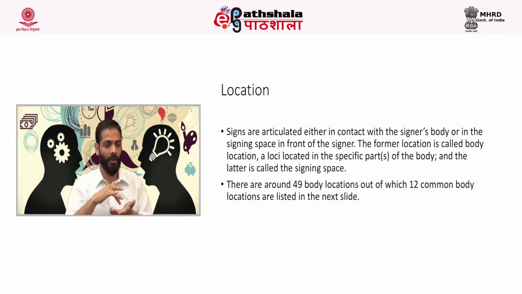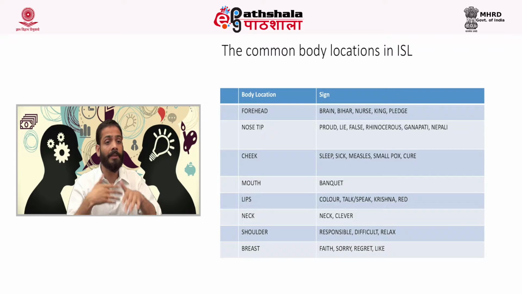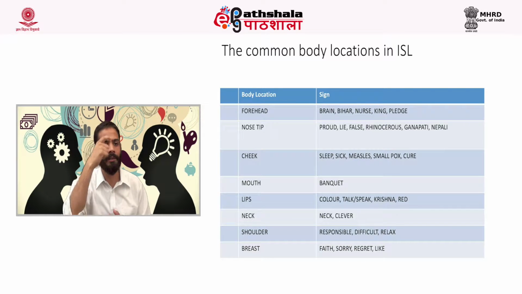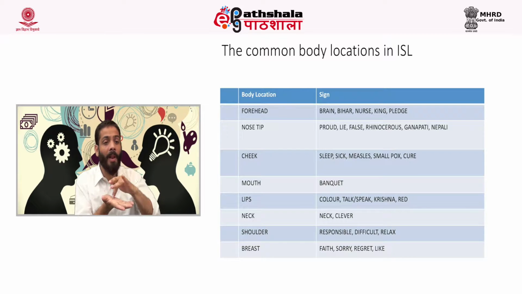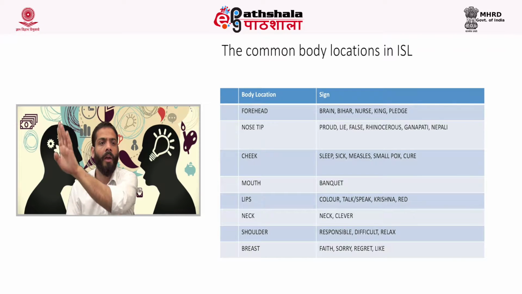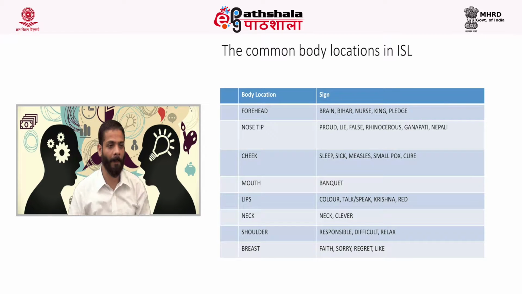For example, forehead. On the forehead we can sign yellow, summer, sick, problem, Mysore, a place, king, India. They all are signed on the forehead. They can't be signed anywhere else.